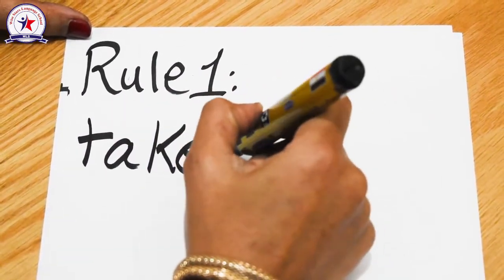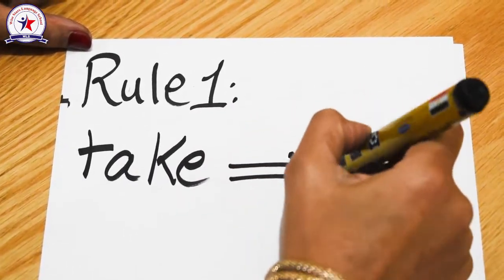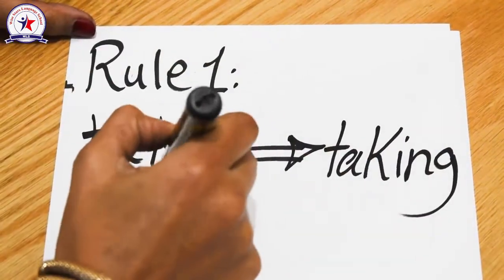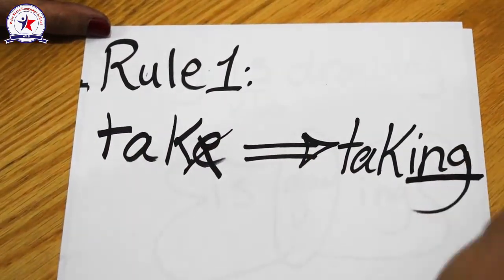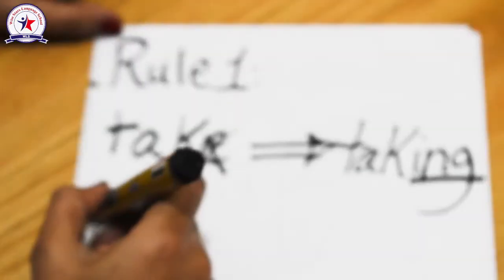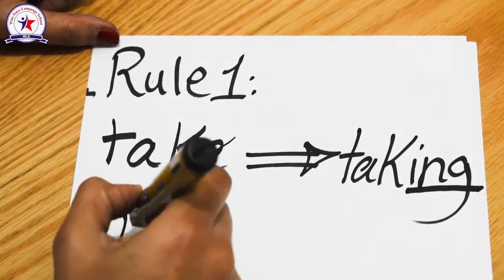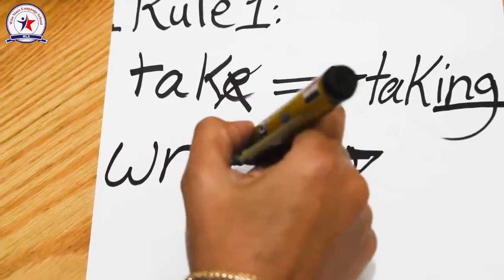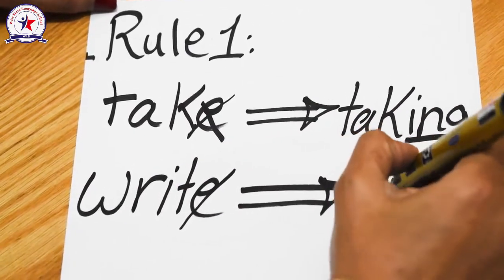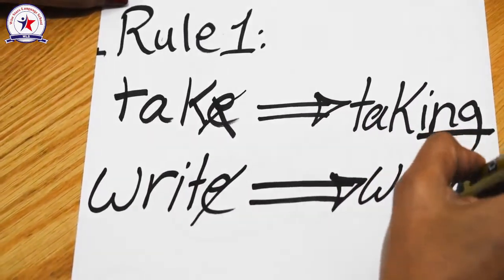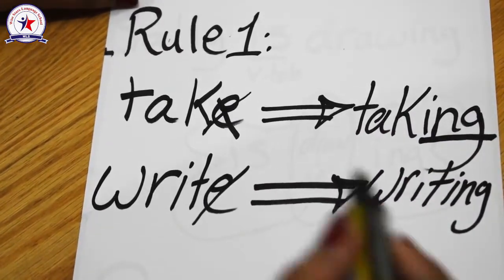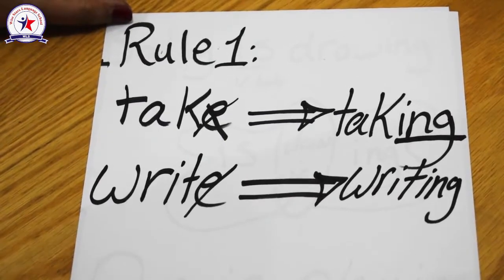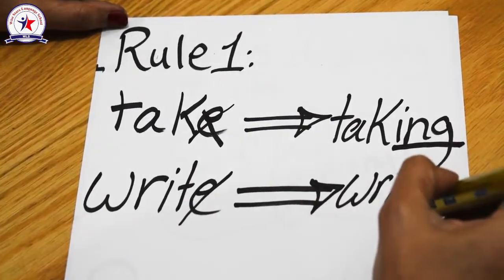In the present continuous, it's going to be taking. I'm going to cross the E and add ing. Another example, write. I'm going to cross the E and write writing. So, rule number 1, verbs that end with E, we cross out the E and add ing.